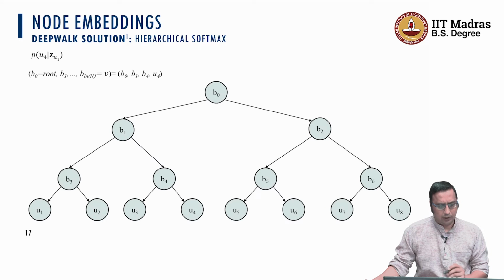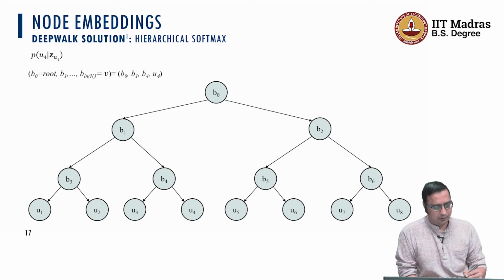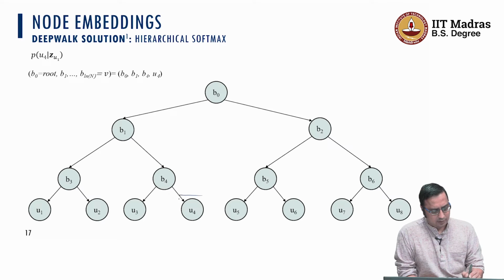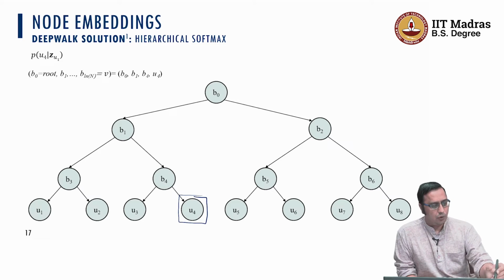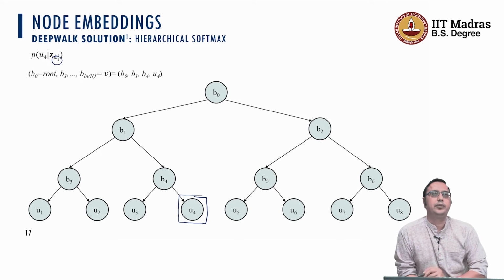Now, let's take a simple example. I am interested in finding the probability of node U4 being a neighbor of node U1, and I want to learn this embedding based on that. So, I am interested in finding the probability of U4 given ZU1.